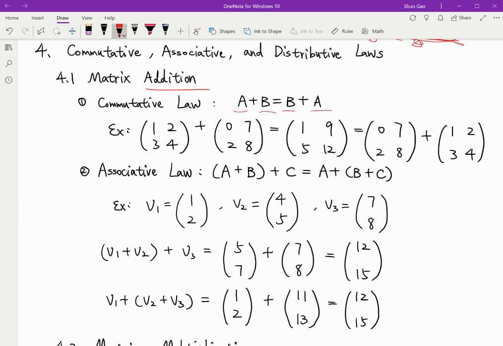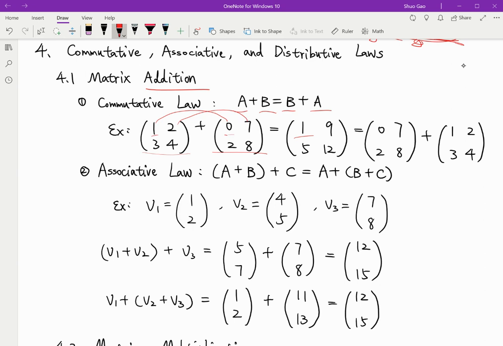So the order of them doesn't matter for the addition. So for example, if 1, 2, 3, 4 plus 0, 7, 2, 8, we know that the result should be the addition of the corresponding pairs, right? So for the first element in the first row, first column here, it should be the summation of 1 and 0, right?